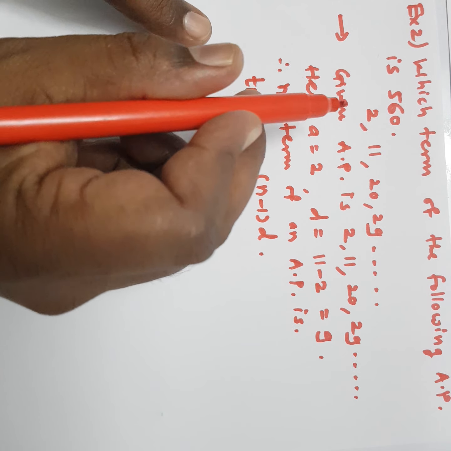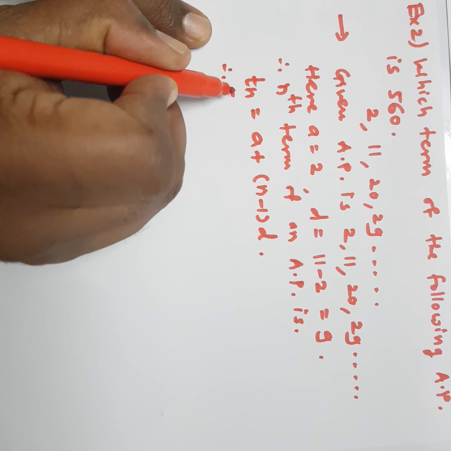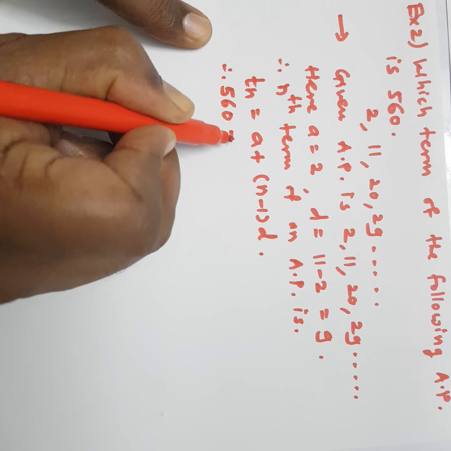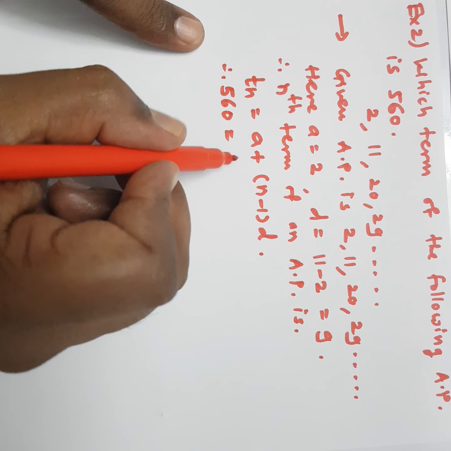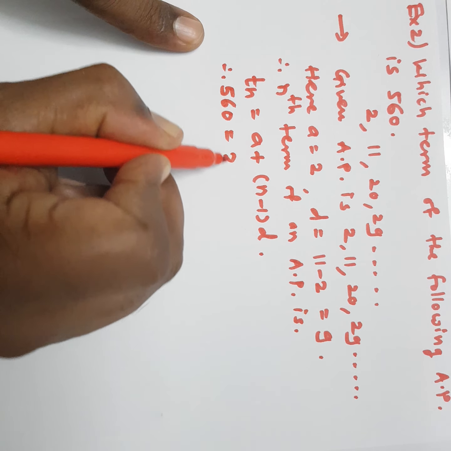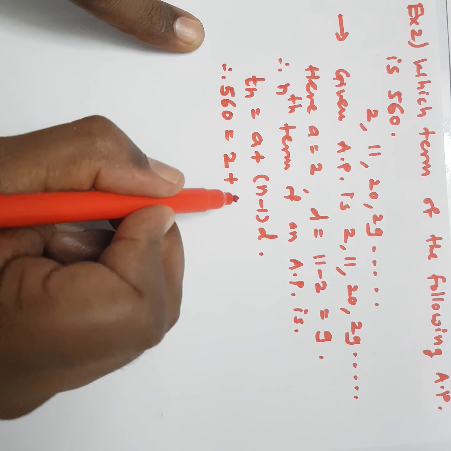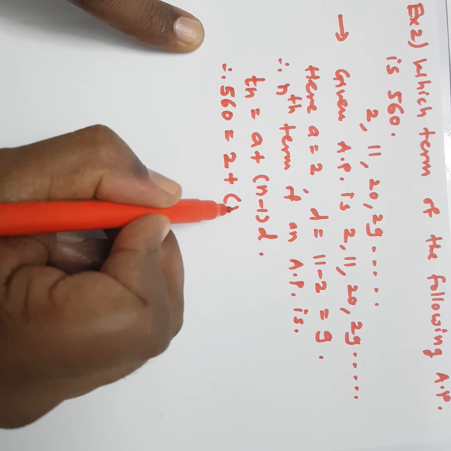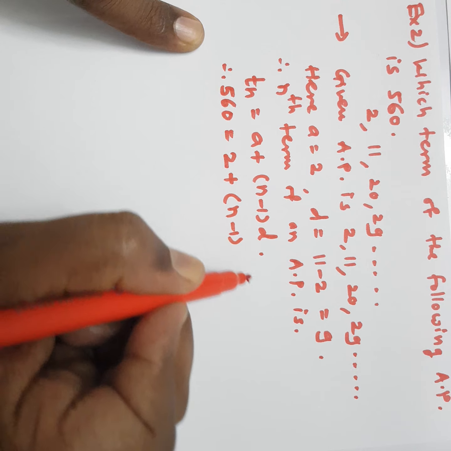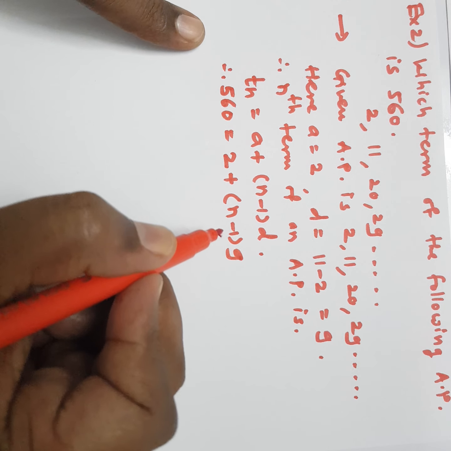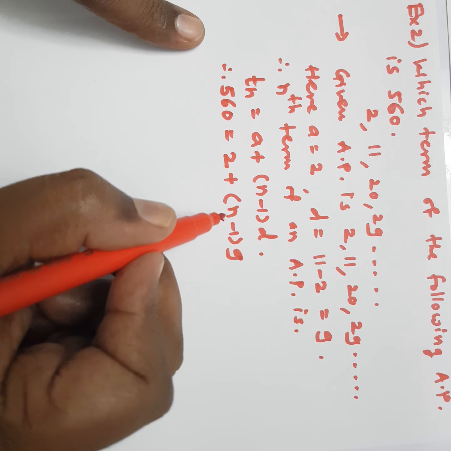Therefore, the nth term is given, which is 560, is equal to a, the value of a is 2, plus (n minus 1) into d, 9. Here we have to find n.